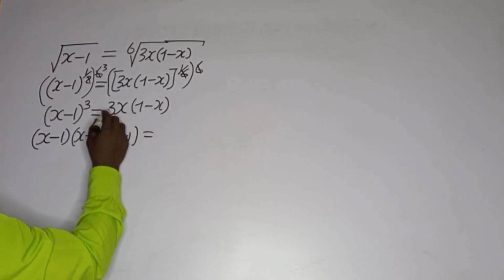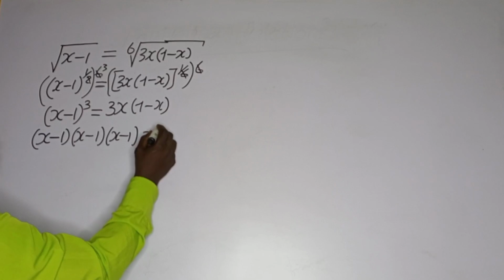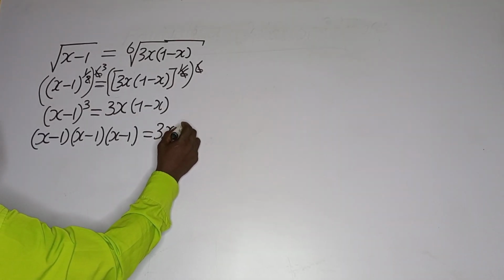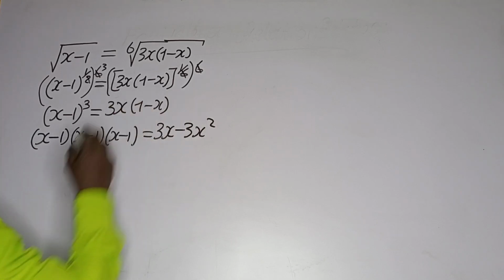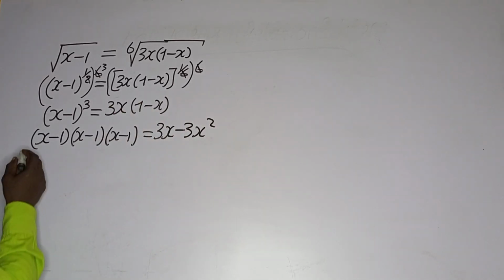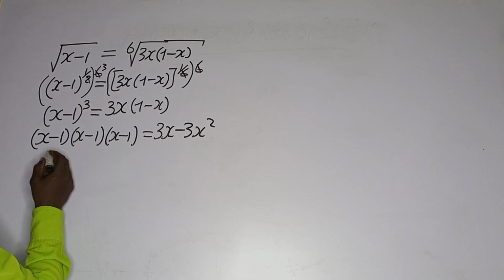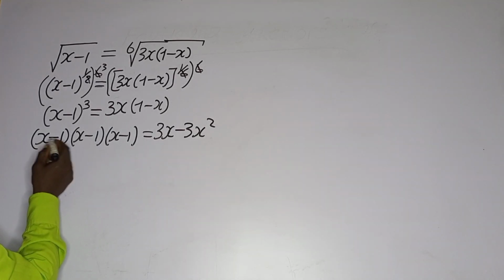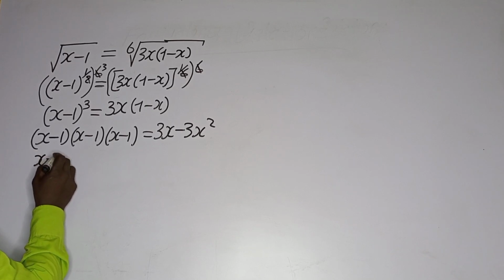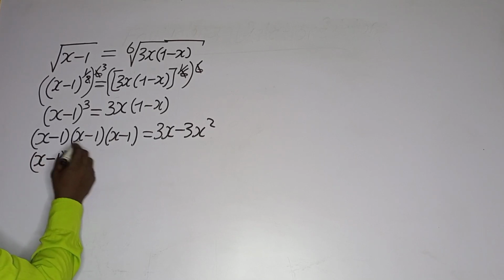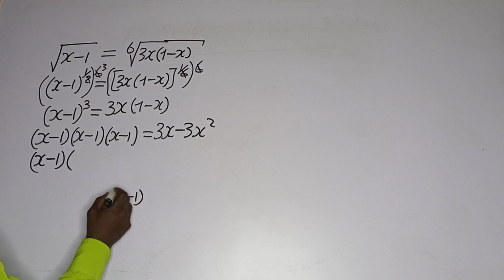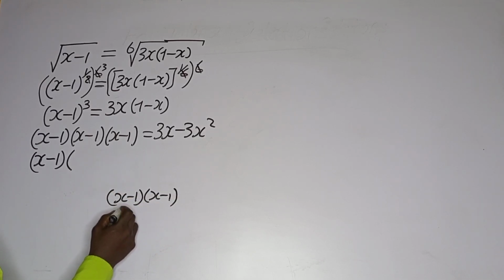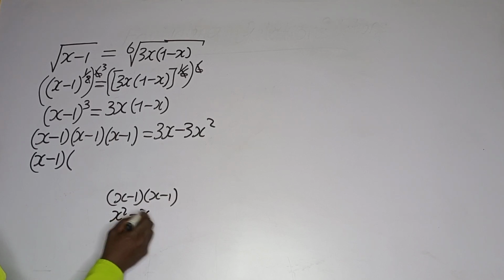We open another parenthesis on the right: 3x multiplied by 1 is 3x, and 3x multiplied by negative x is negative 3x squared. So expanding this, we can take the first two factors and expand, and later continue the expansion with the other term. Let's do this one outside: x minus 1 into x minus 1. x multiplied by x is x squared. x multiplied by negative 1 is negative x.